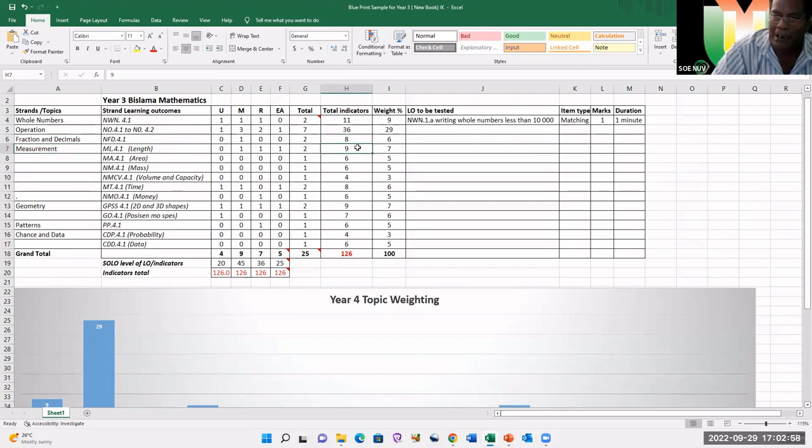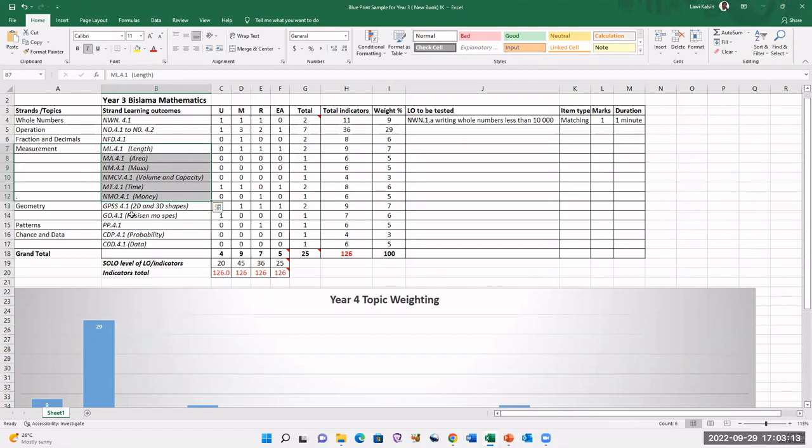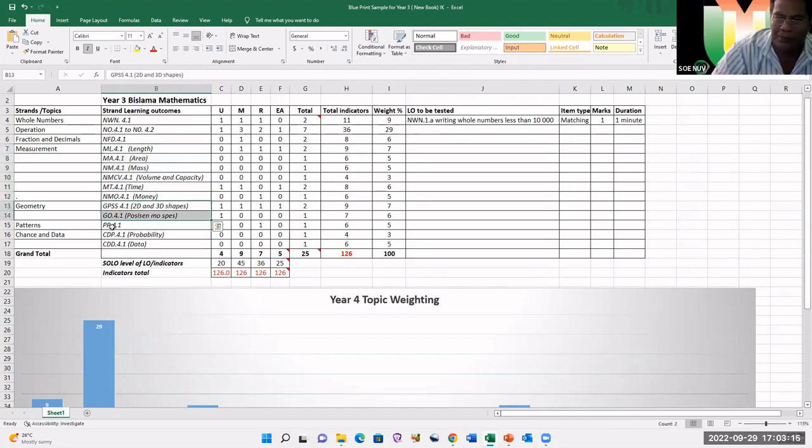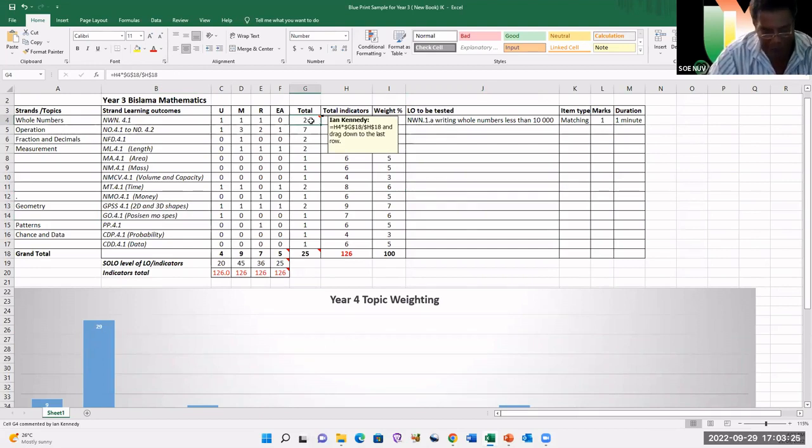For measurement, we have 9, covering money, time, volume, and all these are measurements. Then for geometry, we have patterns, charts, and data. Last one.